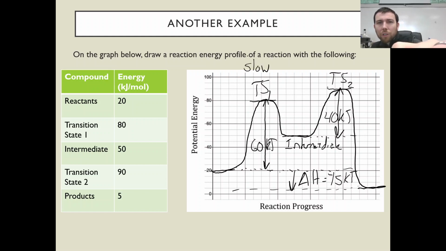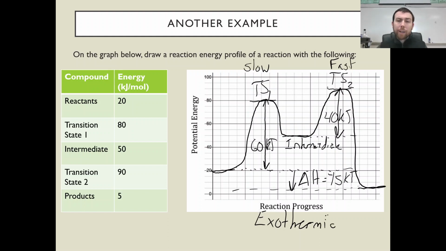So step 1 is slow. Step 2 is fast. And this reaction is exothermic, right?